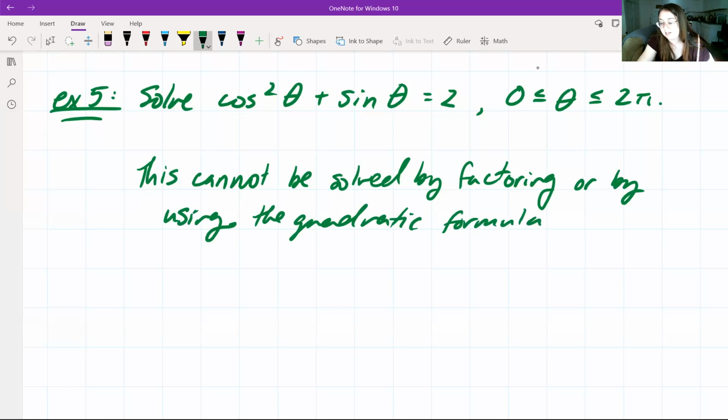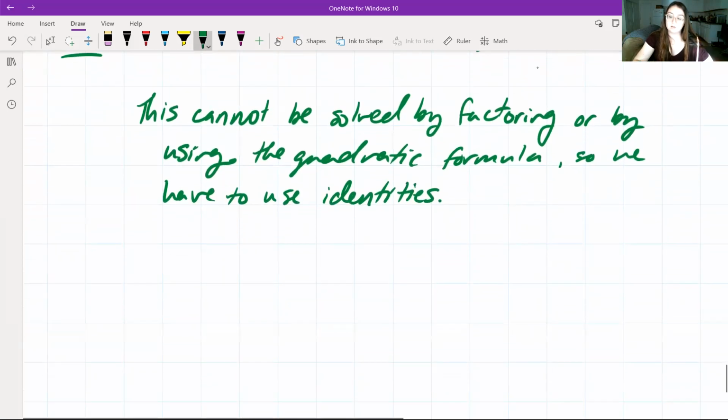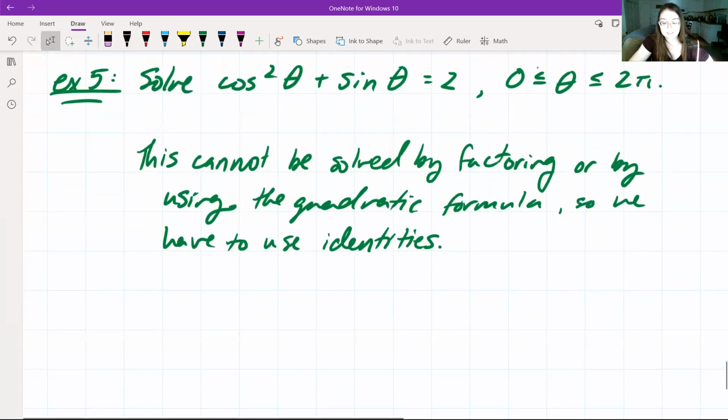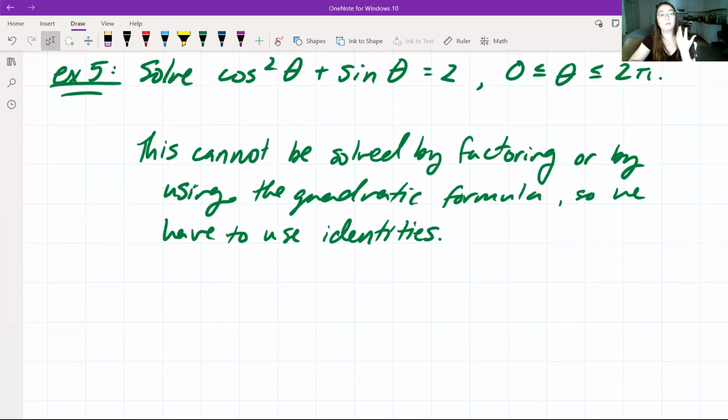So we have to use identities. If we go ahead and use identities, we have cosine squared of theta plus sine of theta is equal to 2. We can replace cosine squared of theta pretty easily.